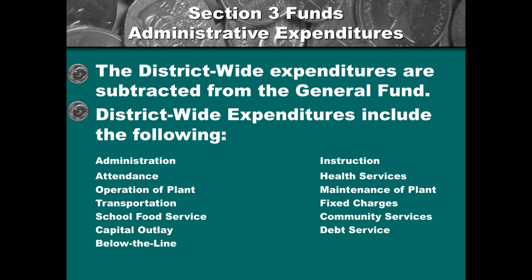Section 3 funds are administrative expenses. This is the funds that come to operate the district. District-wide expenditures are basically taken out of the general fund, and they include things like administration, attendance, operating all facilities, transportation, food service, all the construction that's done, the instruction department, which includes special education at the district level, health services, maintenance of the plant, community services, and debt service.